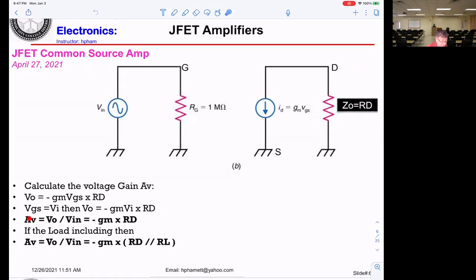If they want to calculate the VGS, VGS means voltage from G to S. VG and V in are the same thing. So VGS equals V in.